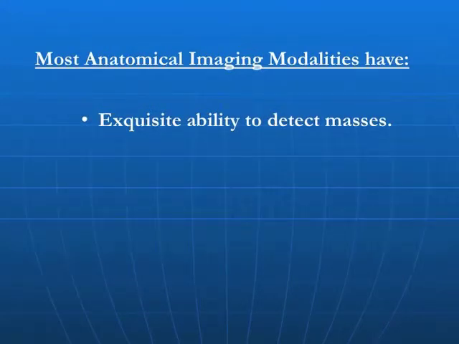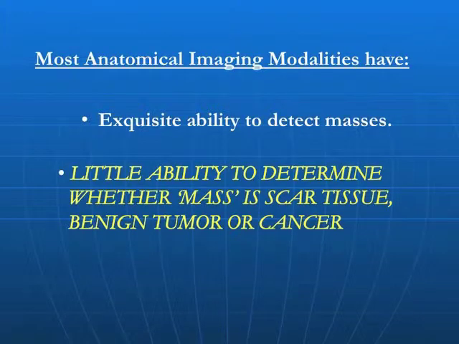Now, most anatomical imaging modalities have exquisite ability to detect masses down to 1 millimeter or lower resolution. But what most people, including some physicians, don't understand is that CT, for example, has exquisite ability to say, yep, there's a mass there, shouldn't be there. But it has very limited ability to determine whether that mass is scar tissue, a benign tumor, or cancer.